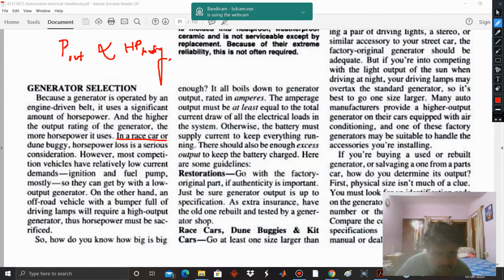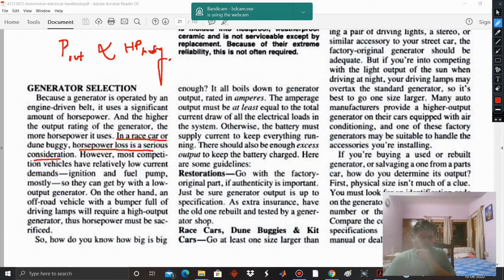So in a race car, horsepower is a serious consideration because your power output should increase. However, most competition vehicles, which is a race car, have relatively low current demands, ignition and fuel pump mostly, so they can get by with a low output generator.